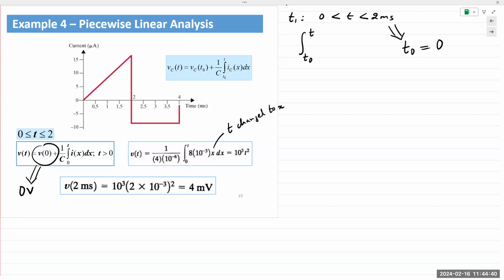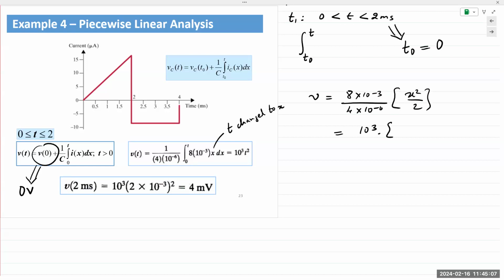So when we solve this, we simply get what? V of t is 8 into 10 raised to minus 3, a constant, comes outside. This is 4 into 10 raised to minus 6. So x dx gives me x squared over 2. Take the 2 outside. 8, 4, and 2 cancel out. I'm simply left with 10 cube.